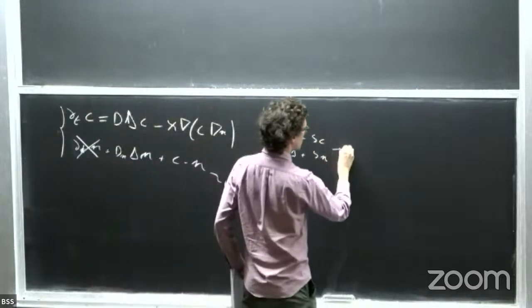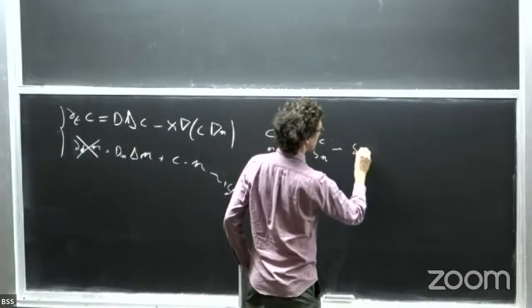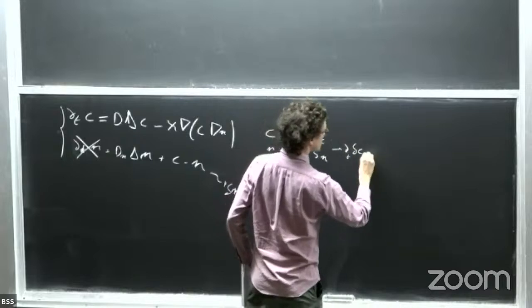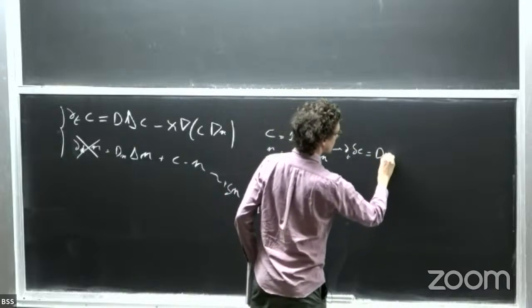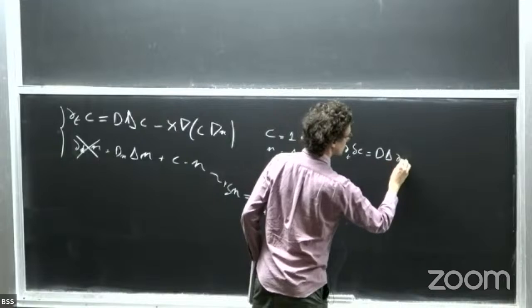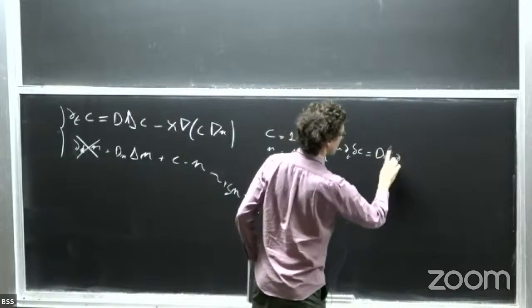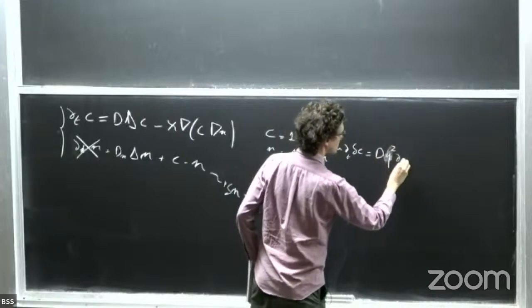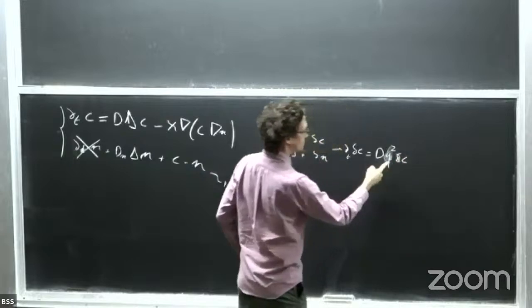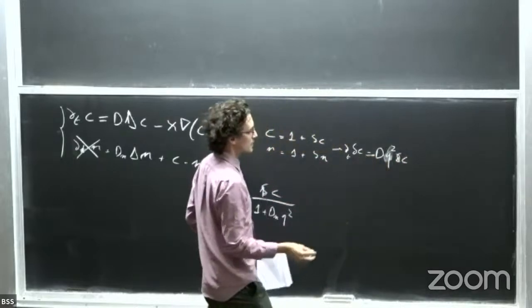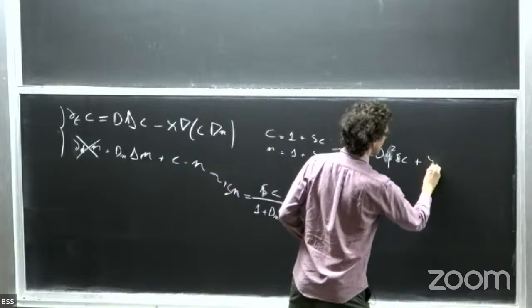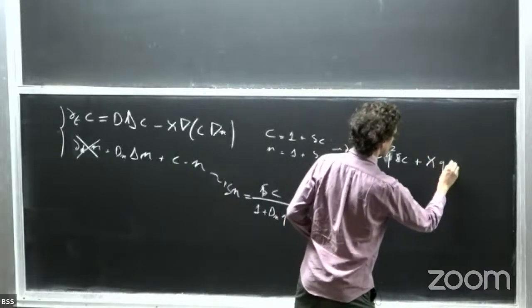What you end up with as an equation for dt of C is some diffusion. Sorry, I'll write it directly in Fourier space again. So you have some diffusion with a minus sign here, and then you have a term which is kind of nice.